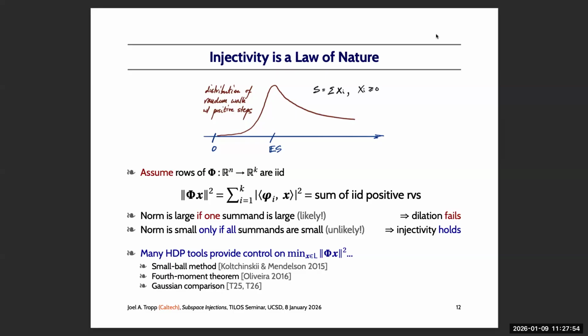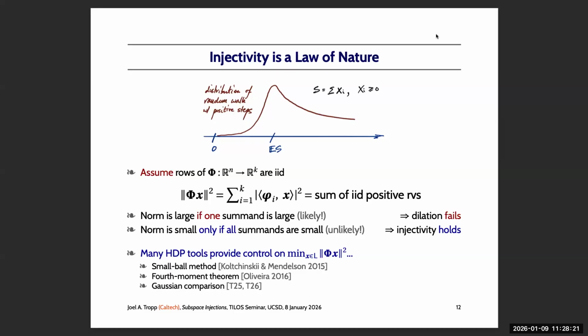On the other hand, it is extremely unlikely that this sum of positive random variables is small, because as soon as one of them is big, the whole thing is big. The only way you can be over here is if every one of these images is small. And that's just extremely unlikely to happen because of the independence.